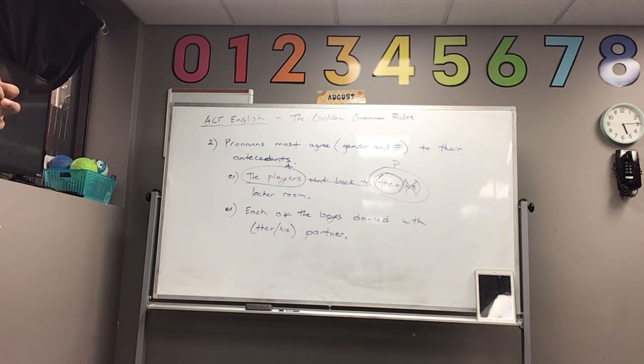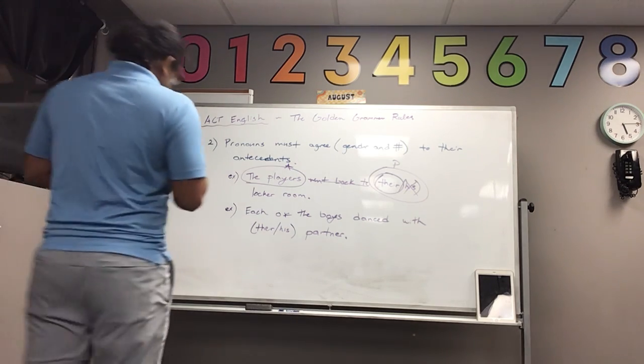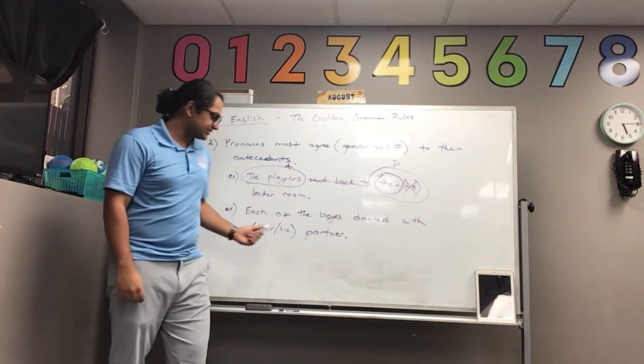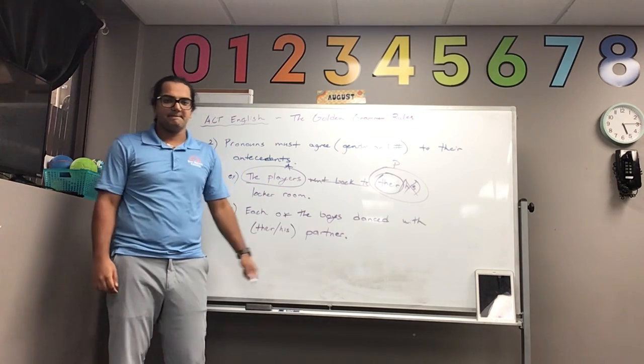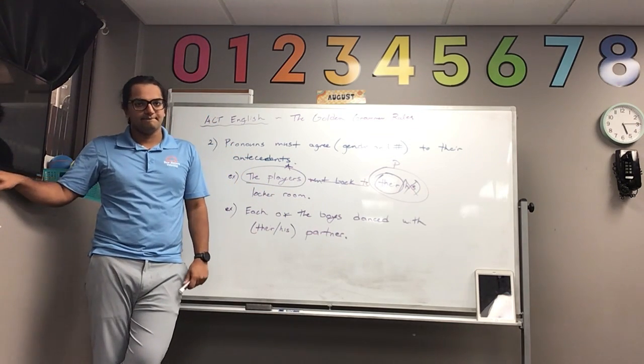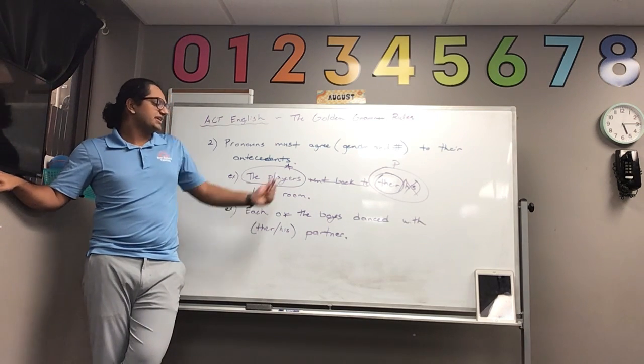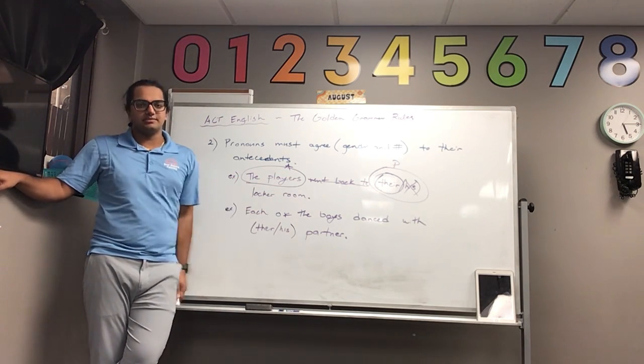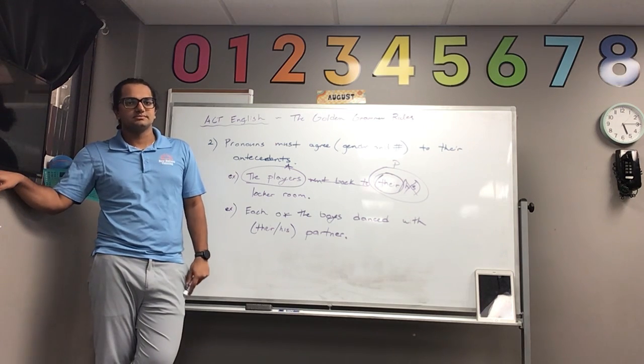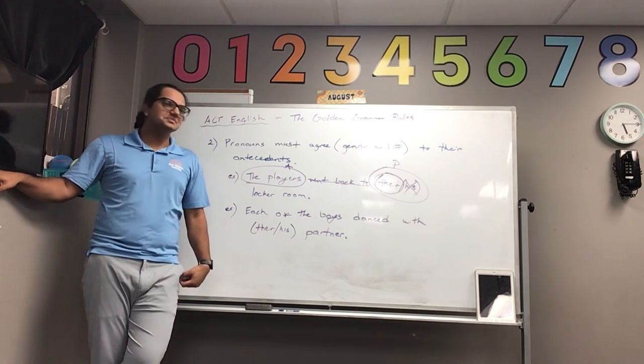Each of the boys danced with his partner. Okay. How many people think each of the boys danced with their partner? Okay. How many people think each of the boys danced with his partner? Nice. I'm happy with that.